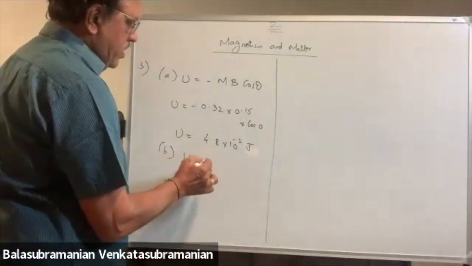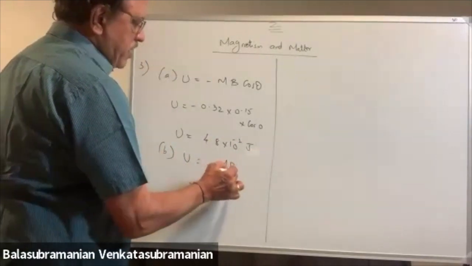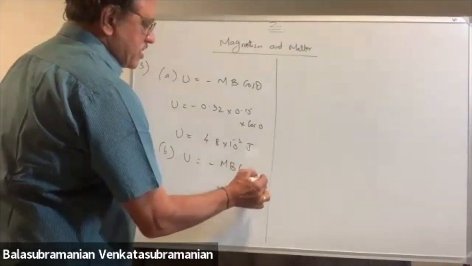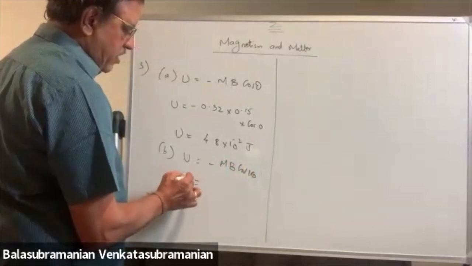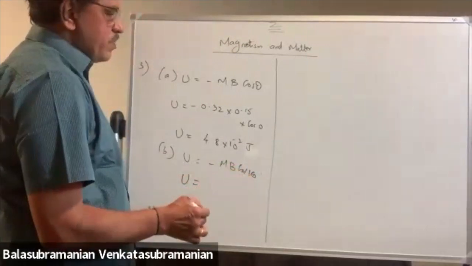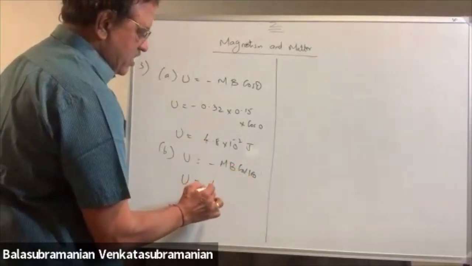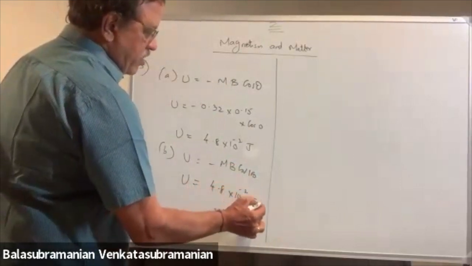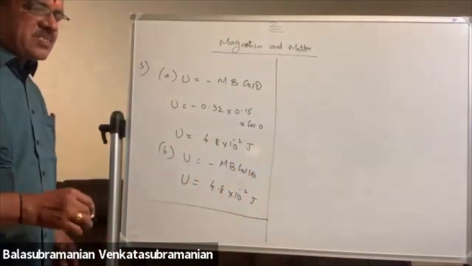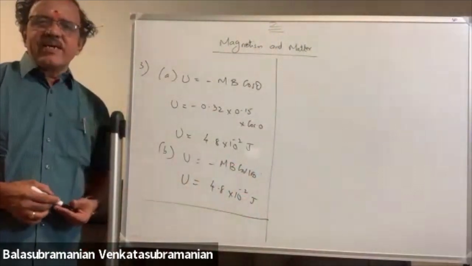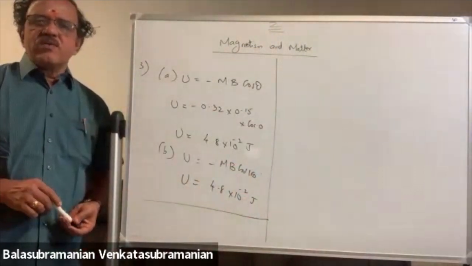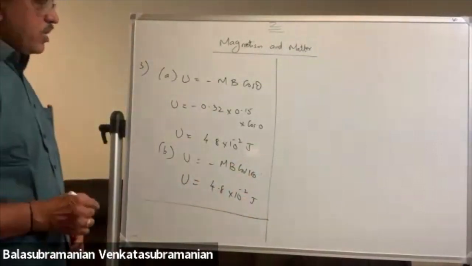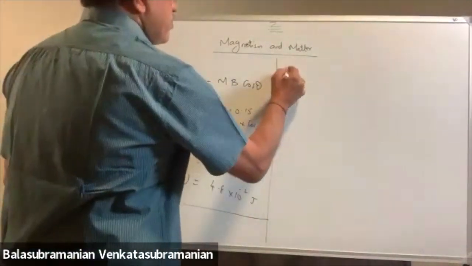So U will be minus mB cos theta dash, that is cos 180. Cos 180 is minus 1. So same answer, we will get 4.8 into 10 power minus 2, positive. There it is negative, here it is a positive value. Okay. Fourth problem.